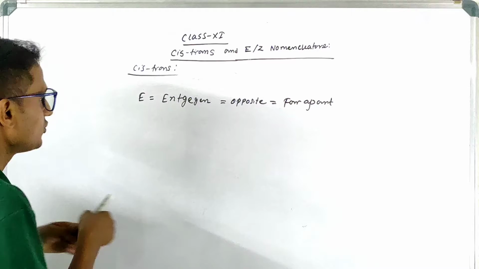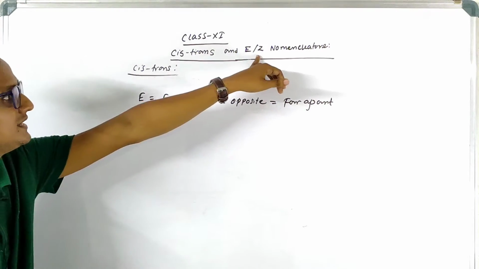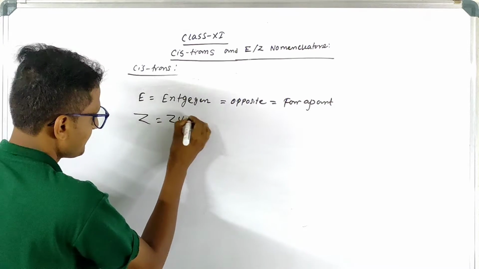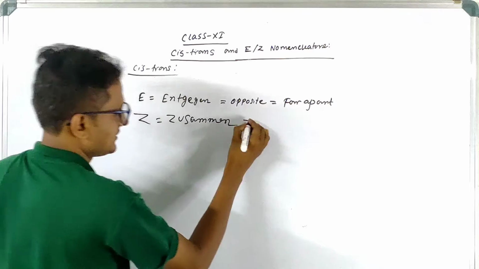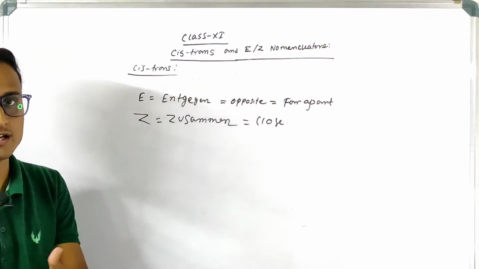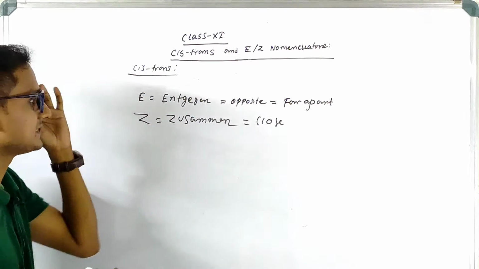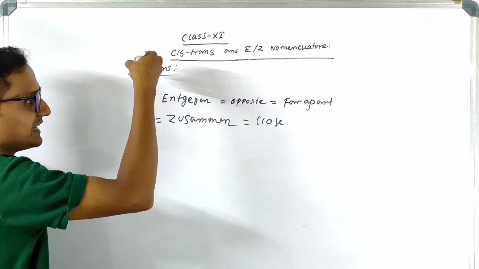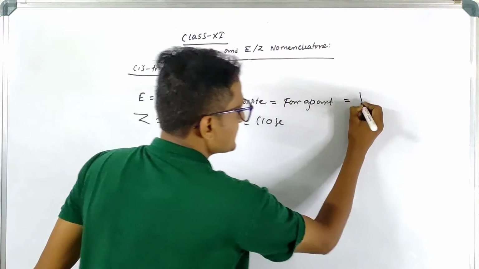Now if two groups are close to each other, here Z means zusammen, it means close. So when two similar groups in a CIP rule are close to each other, it will be called Z. Now we will take the example. Far apart means opposite, that means it is trans.